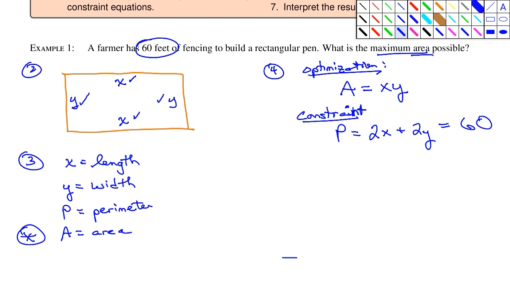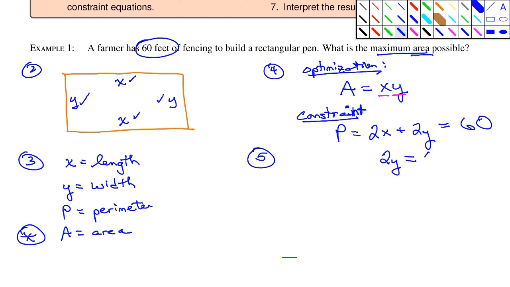All right, step 5, reduce the optimization equation to one independent variable. So notice here that the problem is I have an x and a y, and I just want one of those. I'm going to try to solve and get rid of the y. And to do that, you need to solve the constraint equation for y.